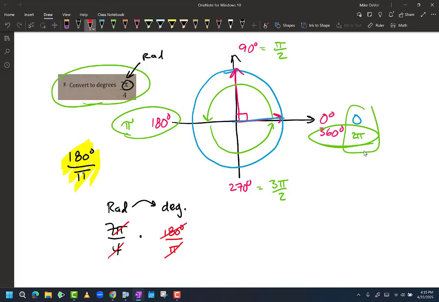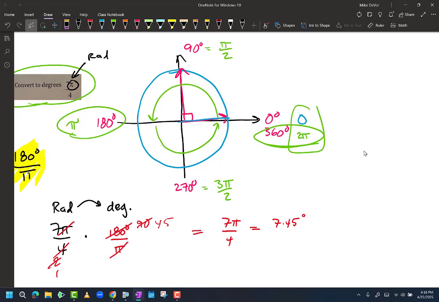Like you can think, 2 goes into both of these, right? And then, hey, it also goes in again, 45. So the conversion is 7 pi over 4 equals 7 times 45 degrees. I'll let you do the math on that. That would be our degrees.